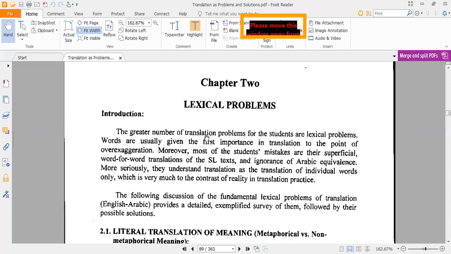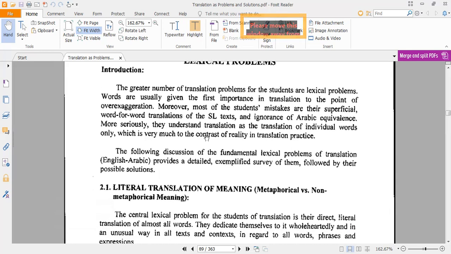Usually students, especially the beginners in translation studies, think that translation means the replacement of source language vocabulary with their equivalent terms in the target language vocabulary. So the overuse of literal translation or word for word translation makes lexical problems occur usually.